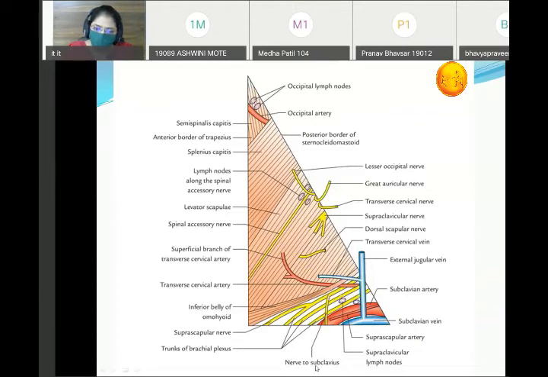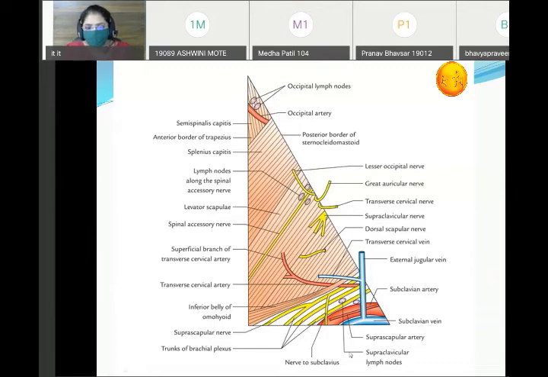From the upper trunk, you see the nerve to subclavius and the suprascapular nerve. This upper trunk is Erb's point, where 6 nerves meet together.